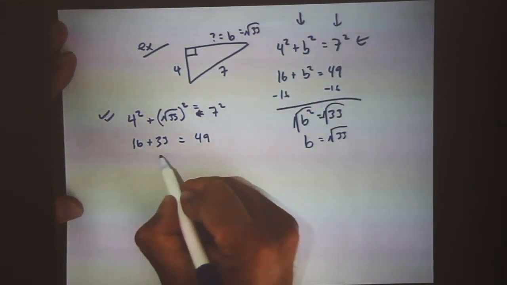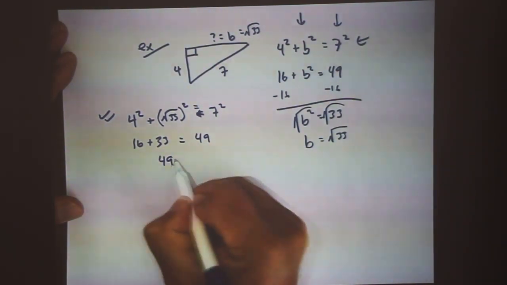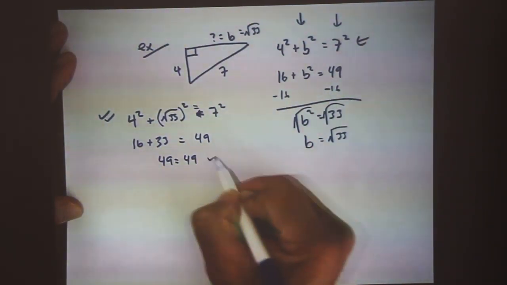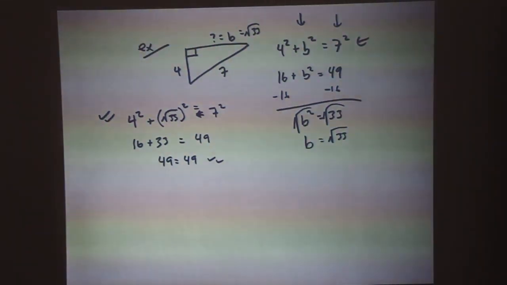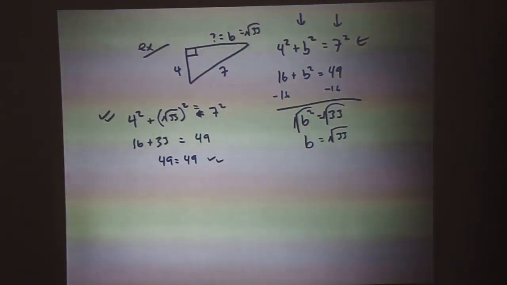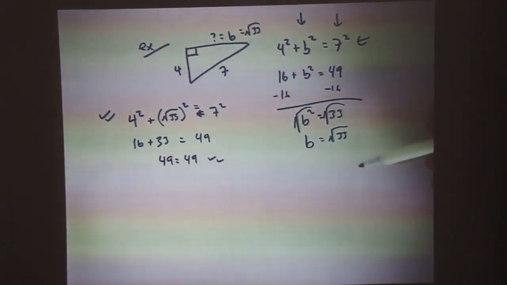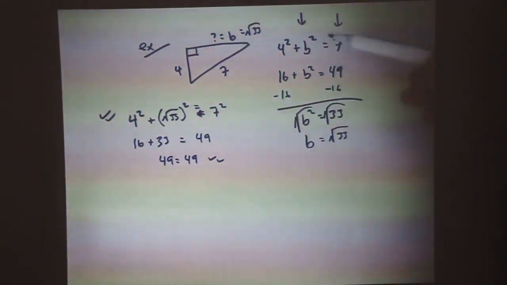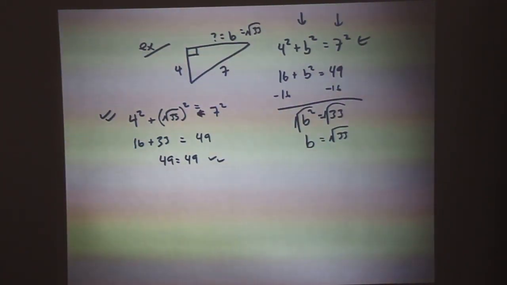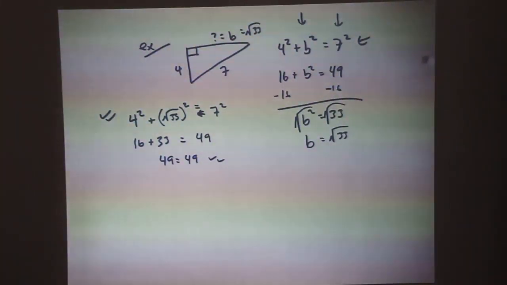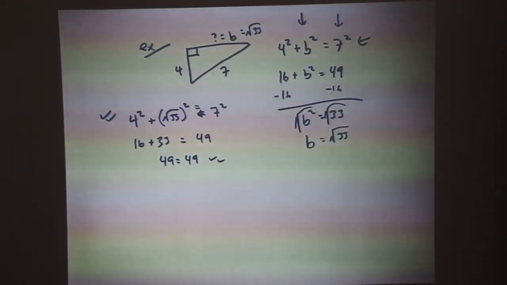So 16 plus 33 gives us 49, and it does indeed equal 49. Therefore, it satisfies the Pythagorean theorem because it's a right triangle, and the solution balances the equation. The left side is equal to the right side, so the equality is maintained.